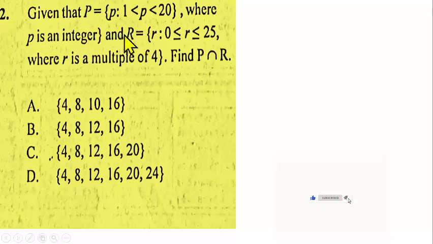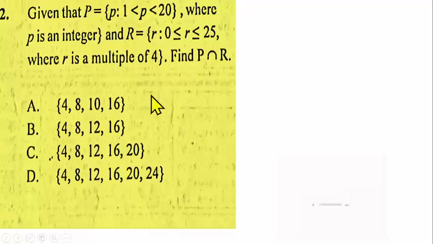What are integers? Integers are positive or negative whole numbers. But you can see that in our options here, no negative numbers are provided, so we don't need to mind the negative numbers. We need to mind only the positive integers.